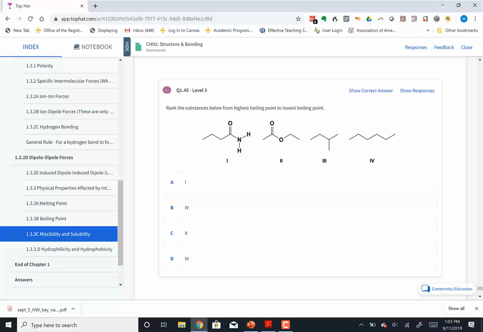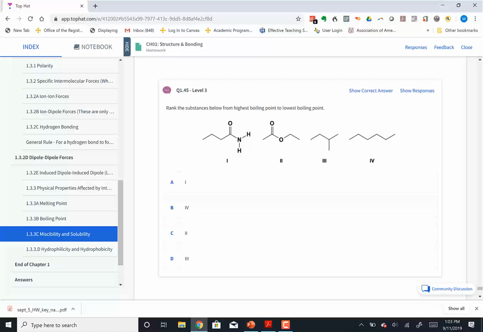So all things being equal, the molecule with the higher molecular weight would have a higher boiling point. But if things aren't equal, then it's going to be a combination of molecular weight and intermolecular forces, with the stronger intermolecular force leading to, as long as the molecular weights are comparable, a higher boiling point.